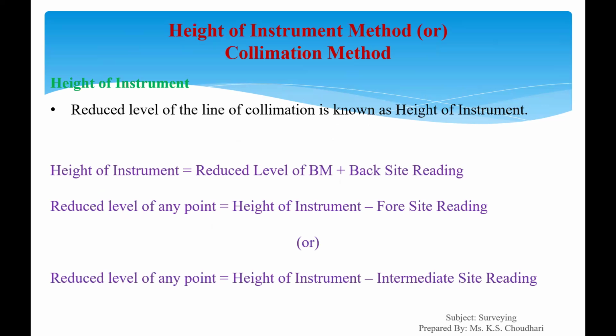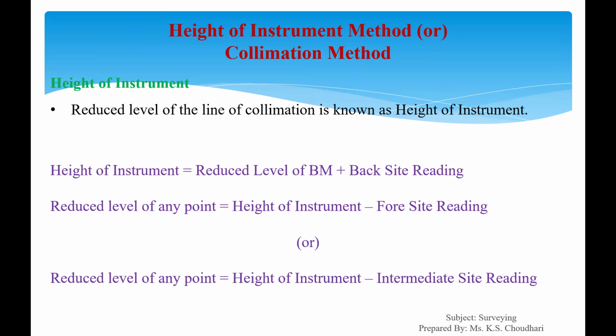Now, the height of instrument method or collimation method. Height of instrument: the reduced level of the line of collimation is known as the height of instrument. We can calculate the height of instrument by using the formula: reduced level of benchmark plus the backsight reading.